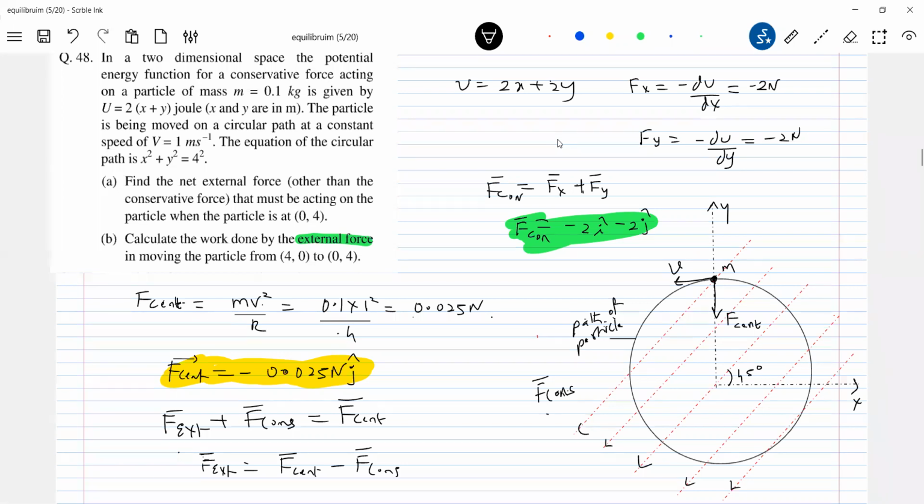Let's do one thing. I'm testing small basics, nothing big. What is the speed of the particle? Constant, no? This speed is constant.